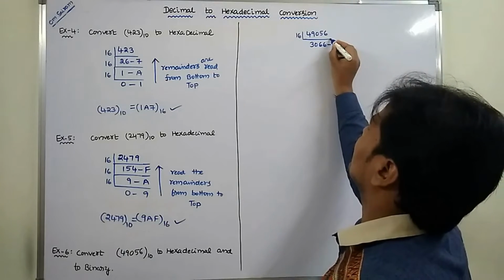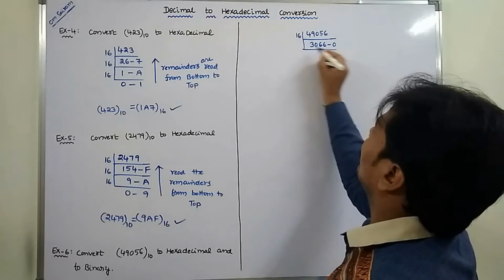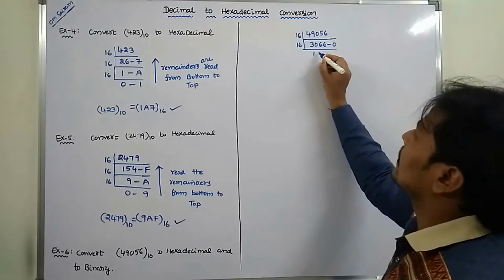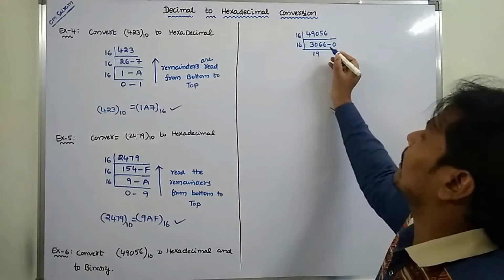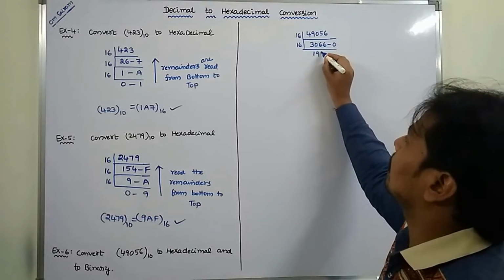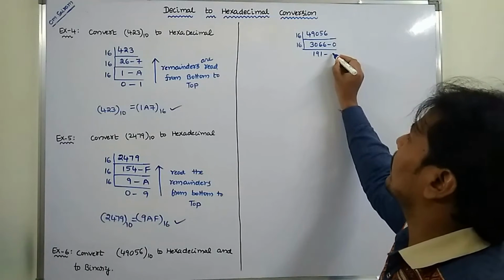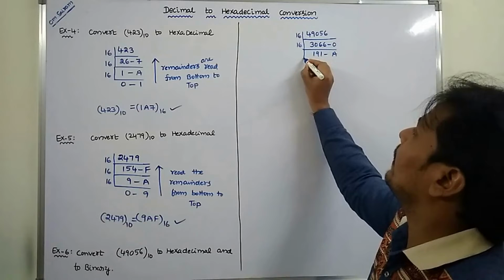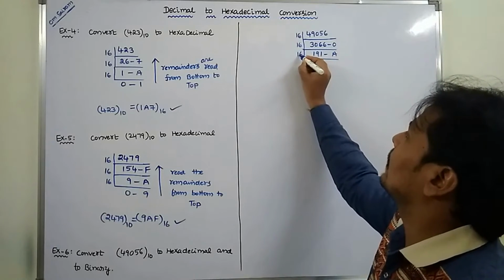Remainder is 0. Now 16 ones are 16, 16 nines are 144 and 16 ones are 16. Remainder is 10. 10 can be written as capital A in the hexadecimal number system.